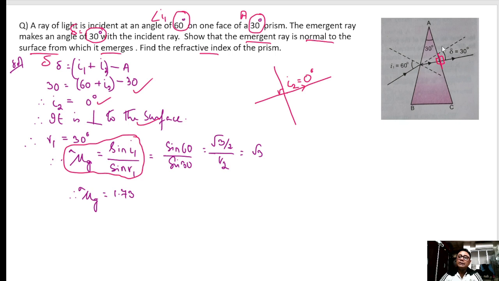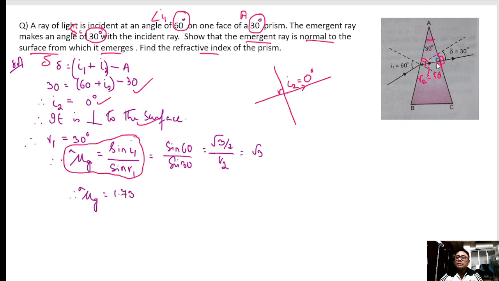If this is 90 degree, see this is 30 degree given, so this angle has to be 60 degree, but this angle is 90 degree, so the R2 is coming 30 degree.